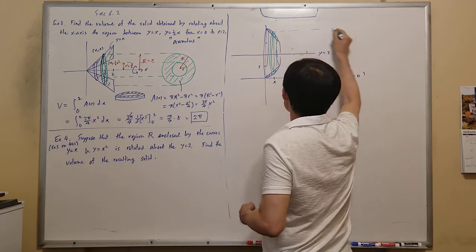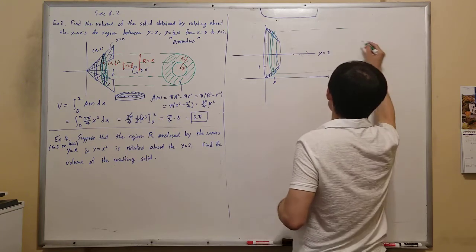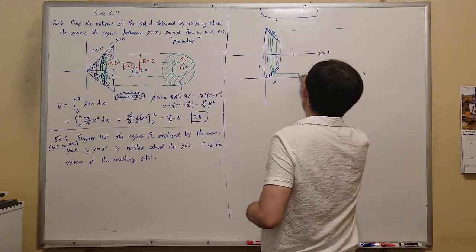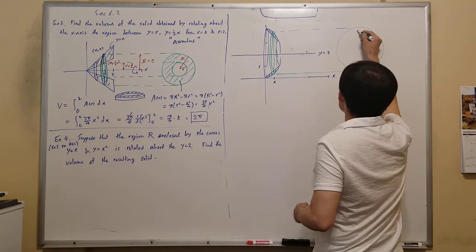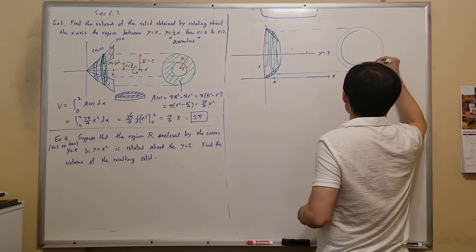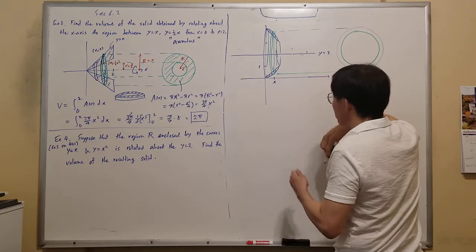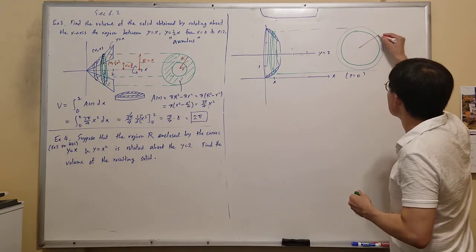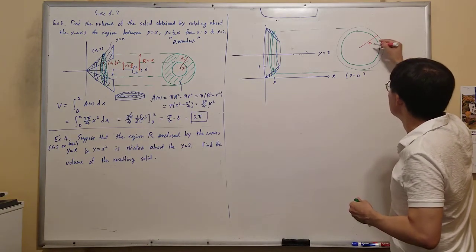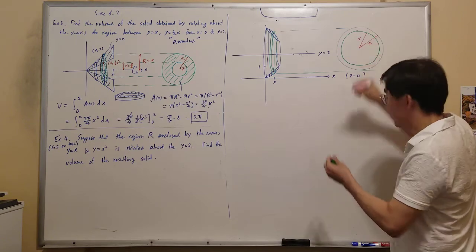So if you draw it here, again, this will be outer circle minus inner circle area. Okay? Again, capital R, lowercase r.